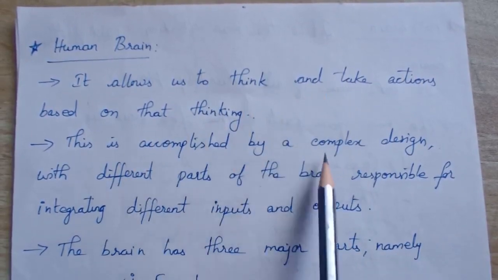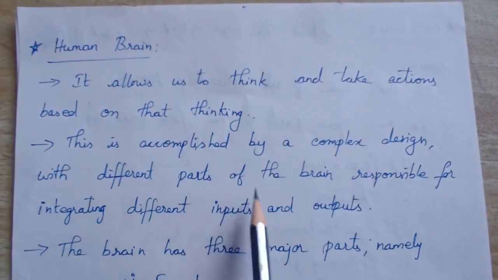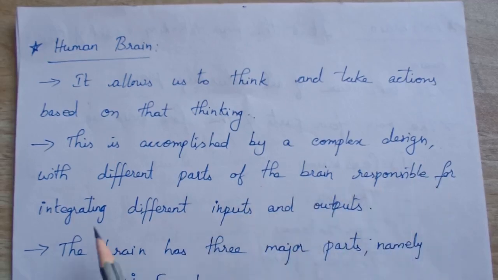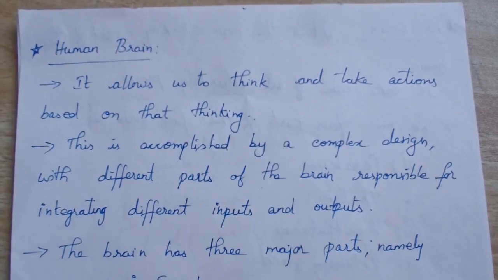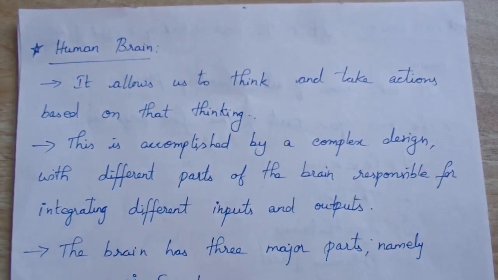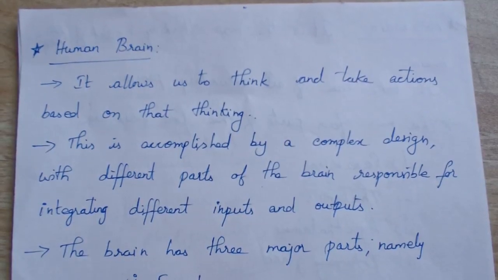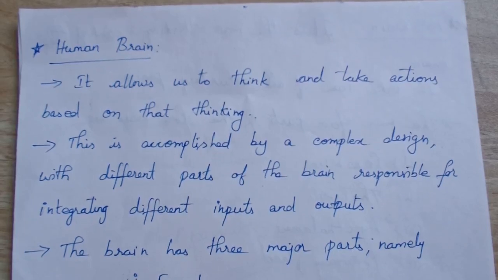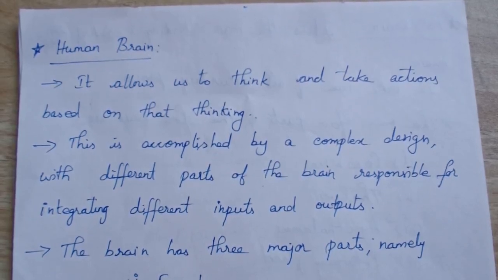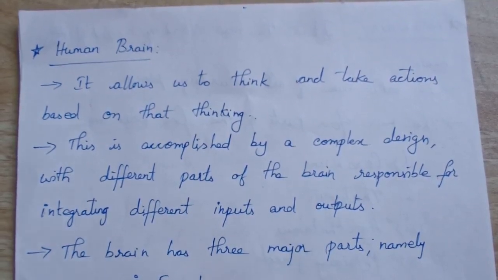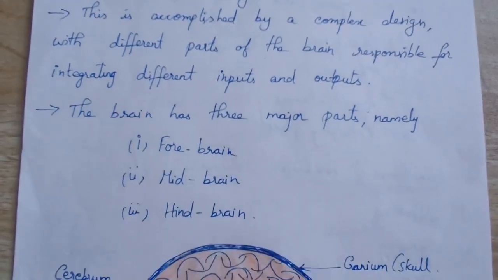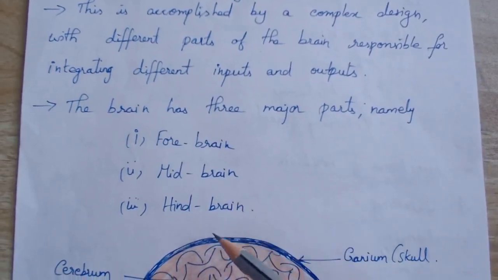This is accomplished by the complex design with different parts of the brain responsible for integrating different inputs and outputs. It receives all the detected input signals, and it will process, integrate, correlate or interpret the information collected, and then it will respond to that as an output. The brain has three major parts, namely forebrain, midbrain and hindbrain.